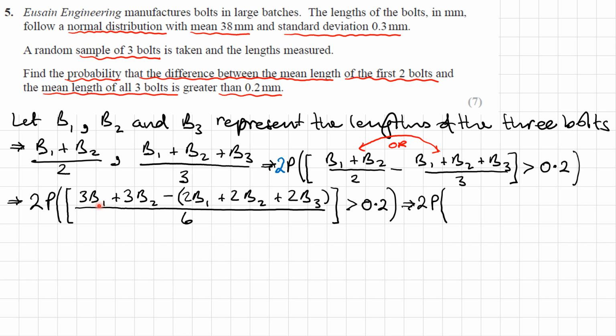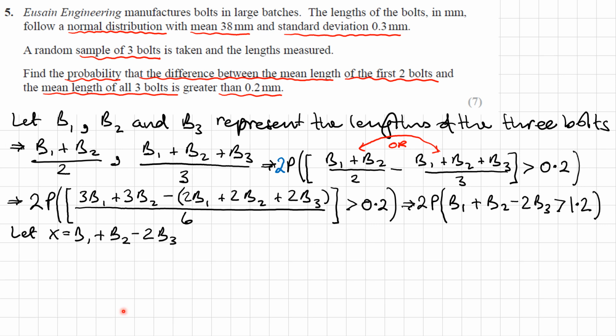I'll have 3B1 minus 2B1, which is just B1. 3B2 minus 2B2 leaves me with just B2, and then minus 2B3. Multiplying both sides by 6 means that the inequality now becomes greater than 1.2.